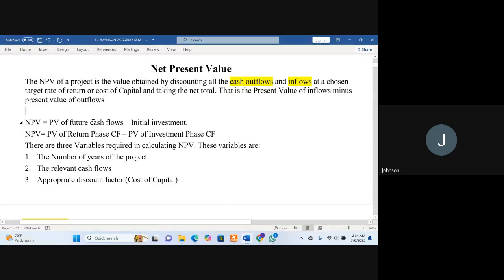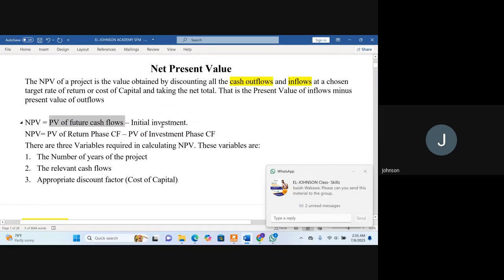In the skill stage, they tell us that NPV equals the present value of future cash flows minus initial investment. However, you must also know that this initial investment is also a cash flow. There are times that you start a business with 300 million at day one, but as the business progresses, you have to keep injecting more funds.